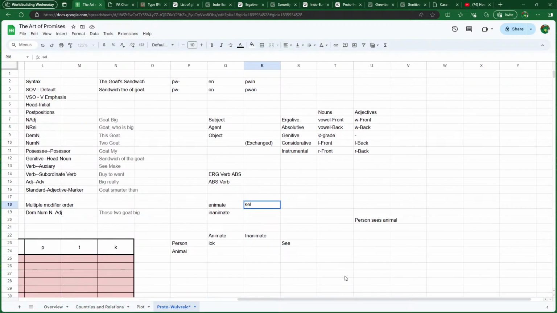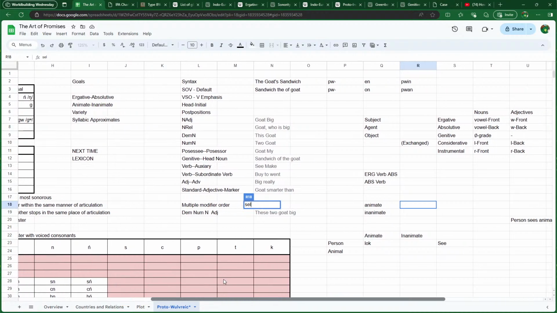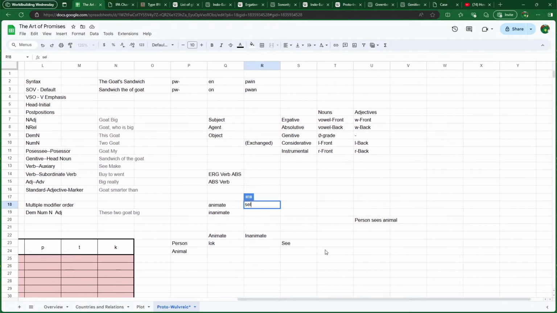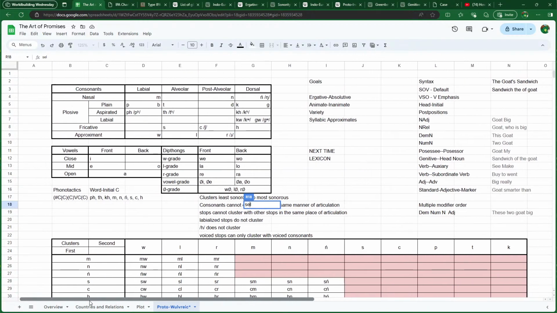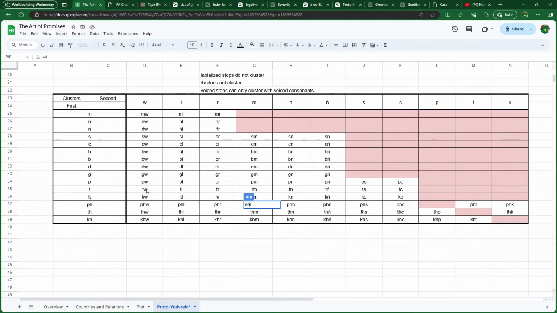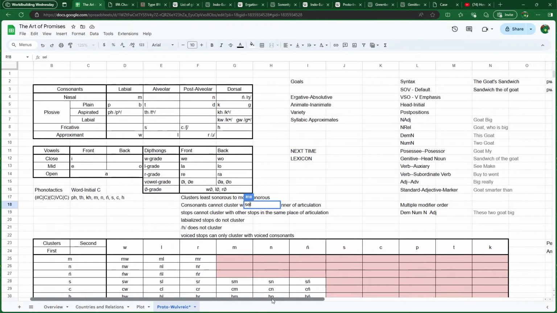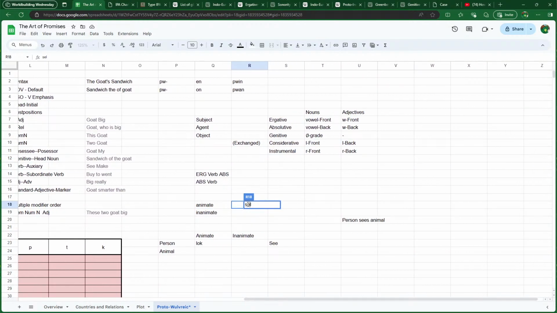Should be cell. Why not? This is an adjective, so would be front. Would it be swale?